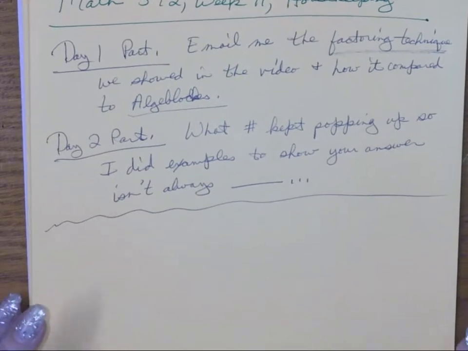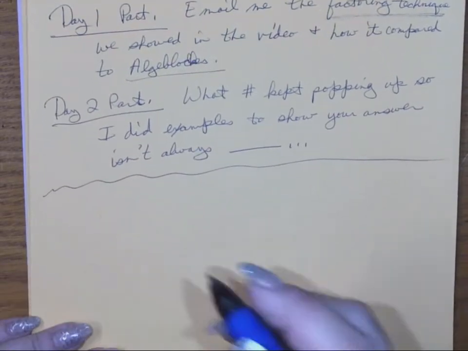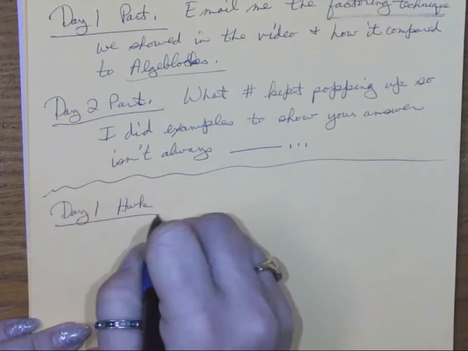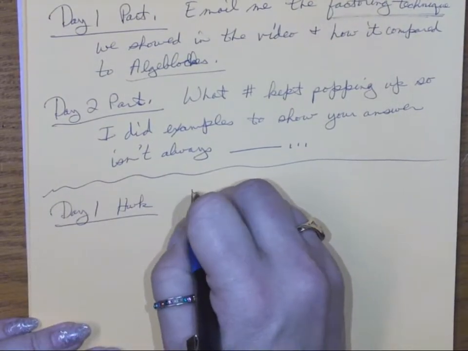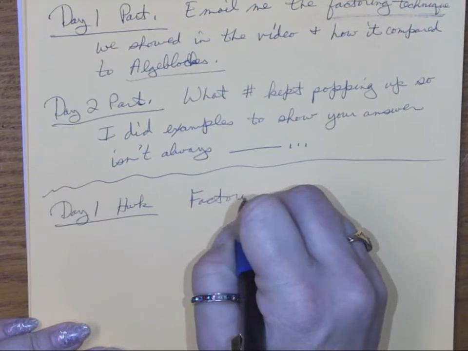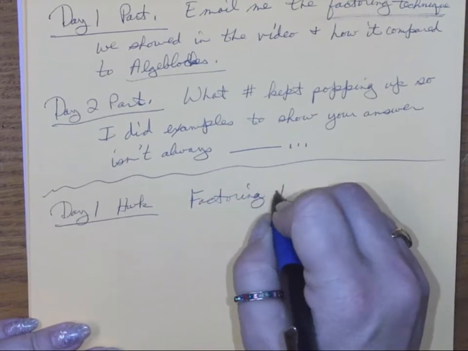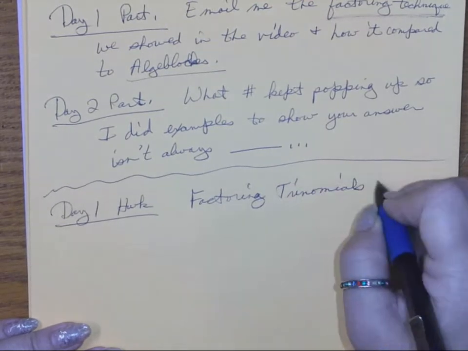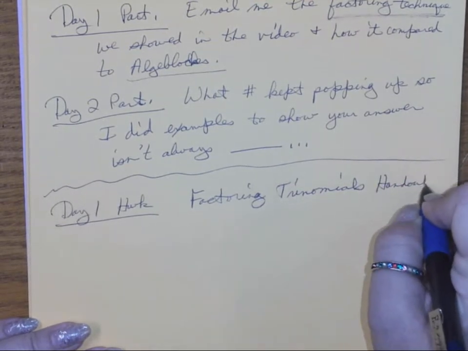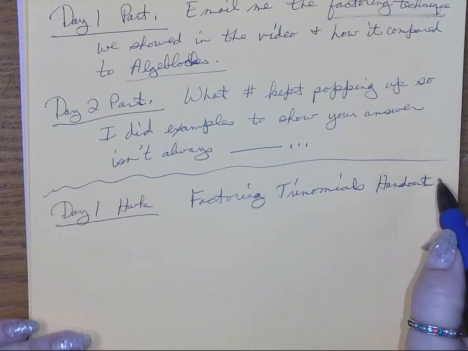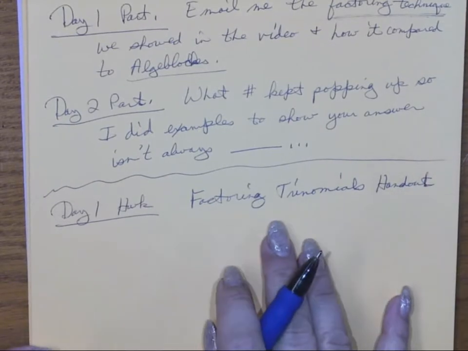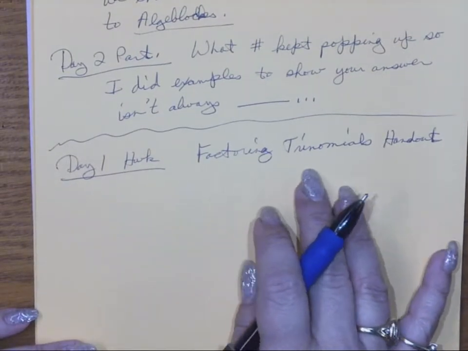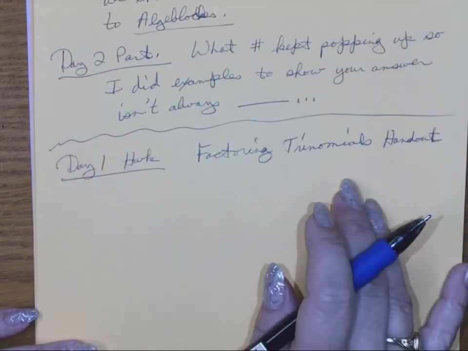And then you're going to have two separate homeworks here, of course. The day one homework is the factoring trinomials. It's much like the homework from the last couple of weeks. Factoring trinomials handout. You're going to be demonstrating the problems, only the ones I circle in red, not everything. Demonstrate how you would factor them, what that picture looks like.